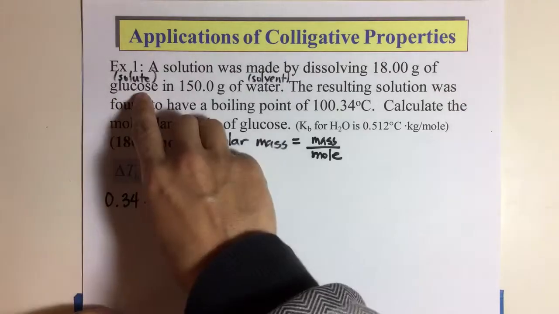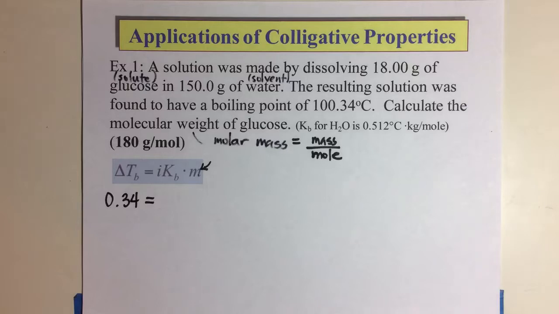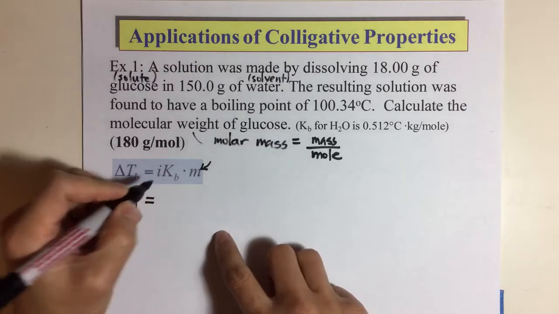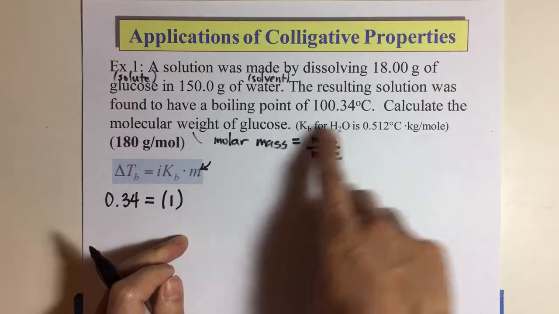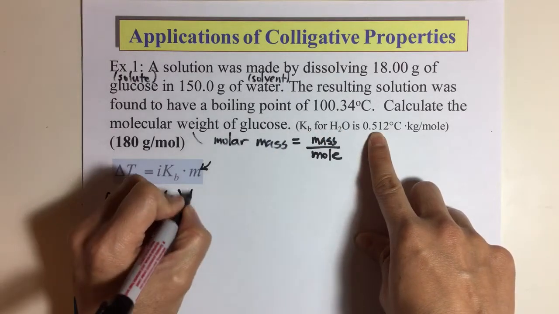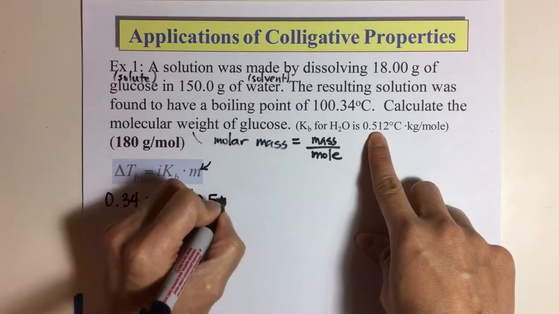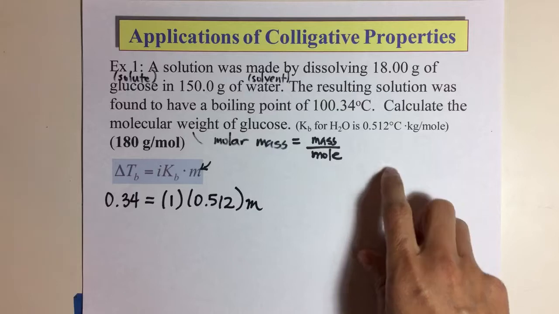Now, because glucose is a covalent compound, its van't Hoff factor contribution is just 1. So its i, which is the van't Hoff factor, is 1. The Kb constant for water, and again, it's all relative to water, is 0.512.